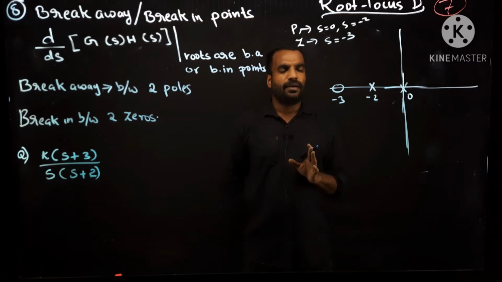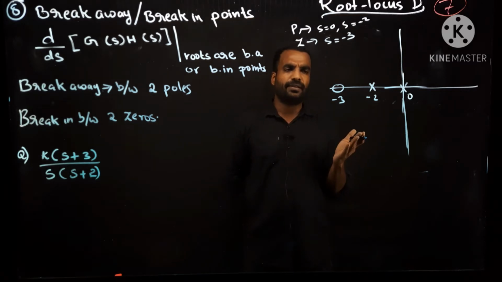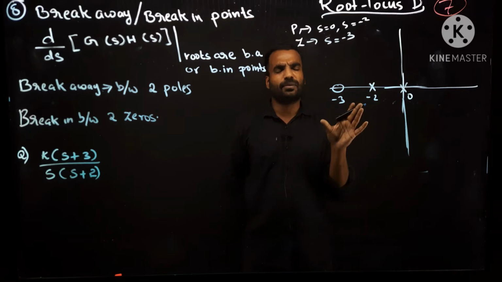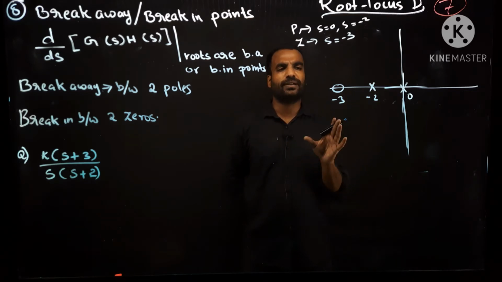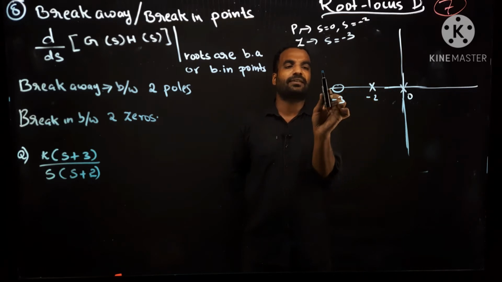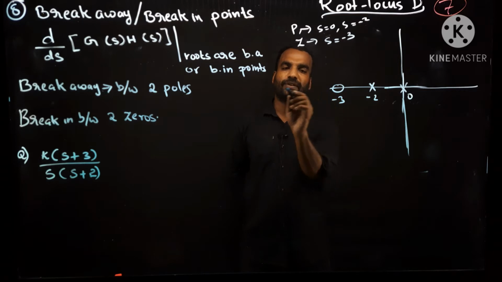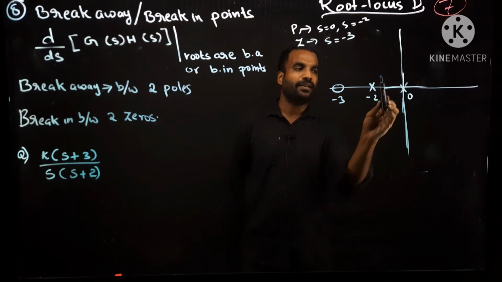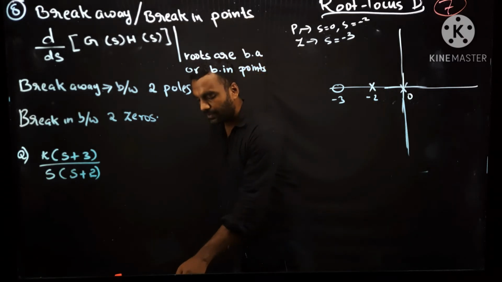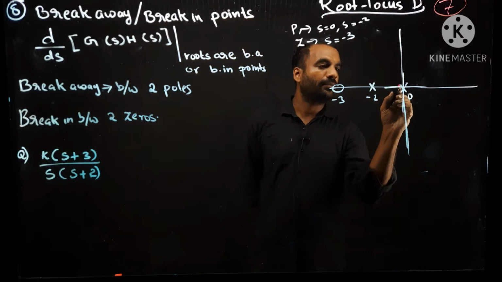Now, we can check the asymptote, and actually in this problem, the angle of asymptote is not needed, because while checking rule number 7 itself, we have to think that the asymptote will come on this line. As in the last example, I already explained. Here the root locus diagram will be present.